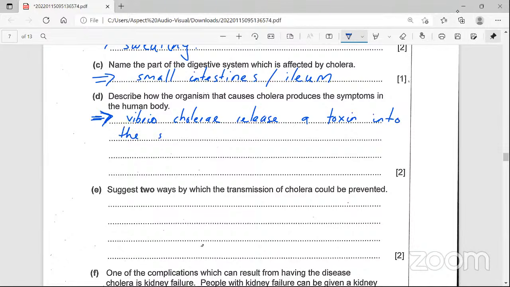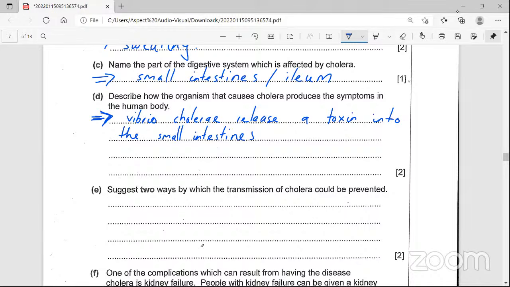So this was an easy paper, you guys are saying, right? So what happens here? Once the toxin enters the walls of the small intestine, what happens? What happens to the water potential?